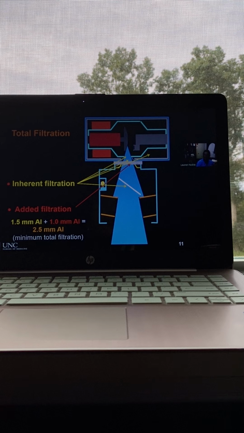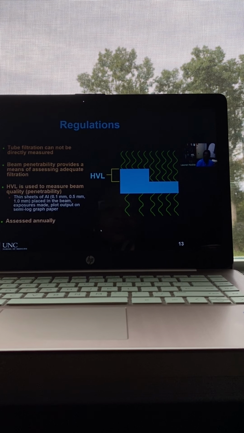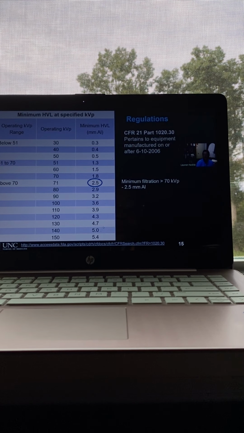Their added filtration is going to be 1 millimeter. So that yields 2.5 millimeters. So if the tube manufacturer follows these recommendations, when the government comes in or the medical physicist comes in and they do their testing, it should yield the proper amount of filtration.